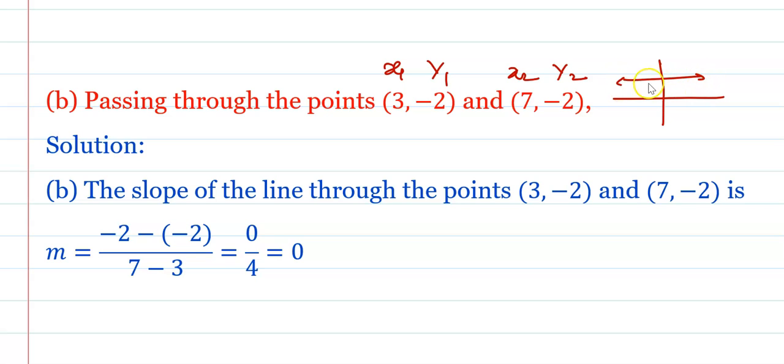As the line is parallel to the x-axis, its slope is 0. See here: the slope of the line passing through (3, minus 2) and (7, minus 2) is the difference of y coordinates, that is minus 2 minus in bracket minus 2. It becomes plus, minus 2 plus 2, it's 0. 7 minus 3 is 4. 0 upon 4, you will get 0. Therefore, the slope of the line is 0.